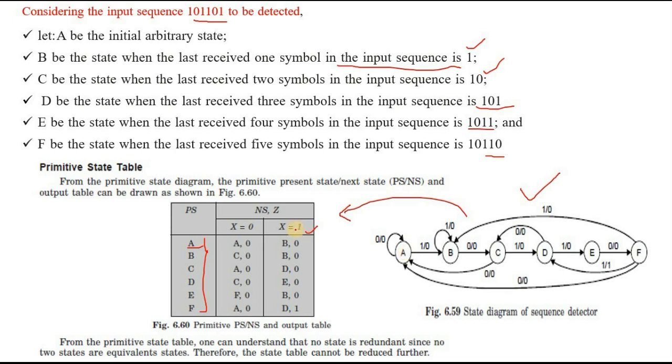A goes to A with input 0, and output is also 0. Here these all represent the outputs corresponding to the transition. Then A goes to B with input 1 and output is 0.